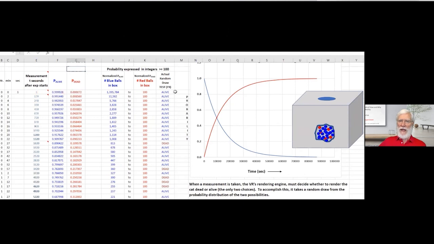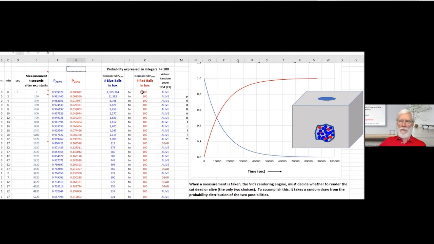And the cat turned out to be alive, and the probabilities were that there was 1,395,784 blue balls over here in the box, and only 100 red balls. So that's the ratio of blue to red.